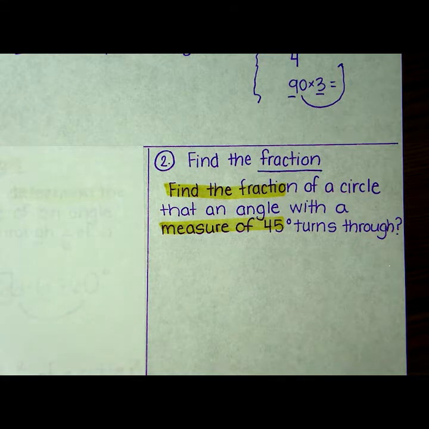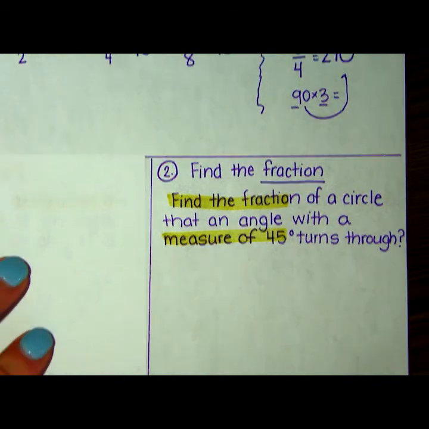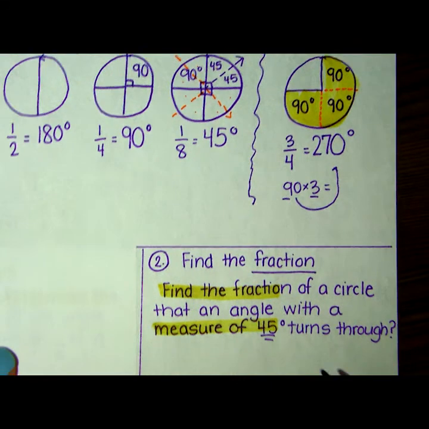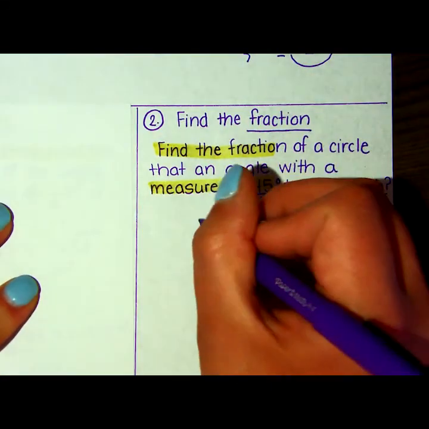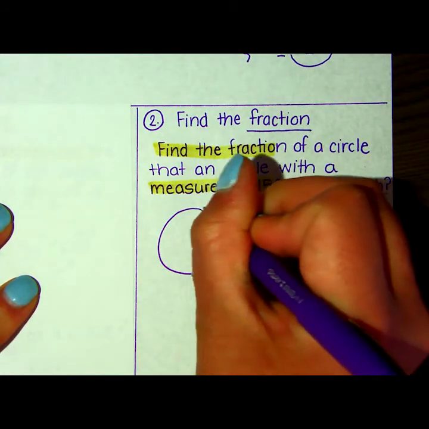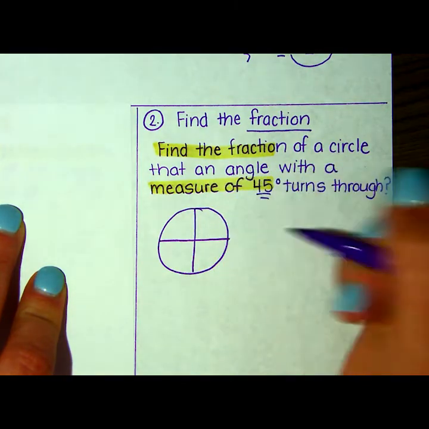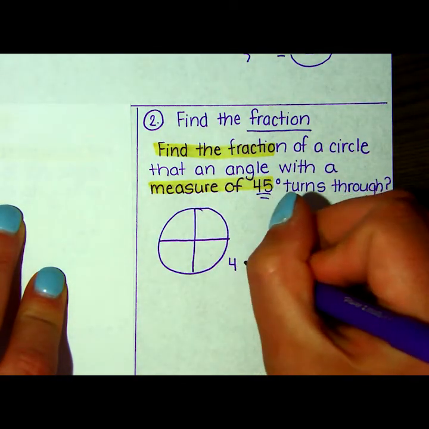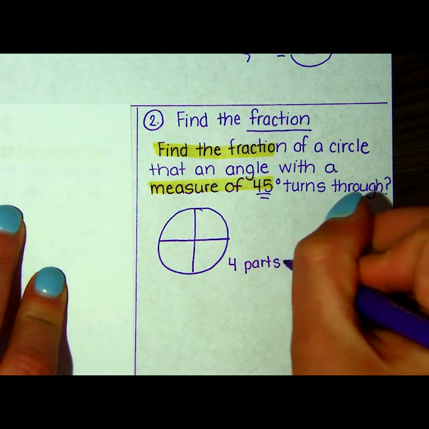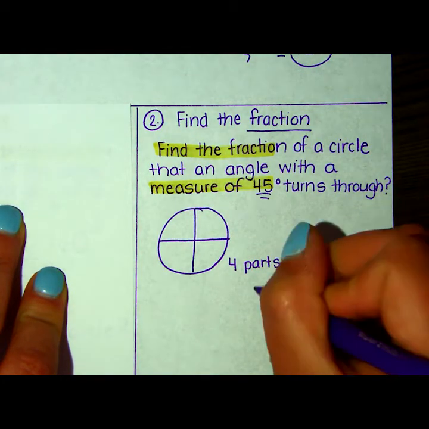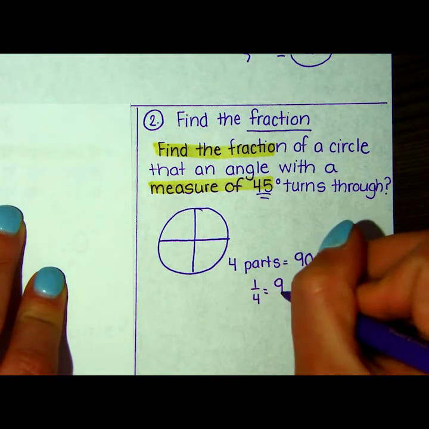Well, something that I know, if you recall right up here, our background knowledge told me that with a measurement of 45 degrees, I knew that 45 was half of 90. And if I think back to my circle here, I knew that when we would divide into fourths, or 4 equal parts, those were equal to 90 degrees each, meaning 1/4 is equivalent to 90.